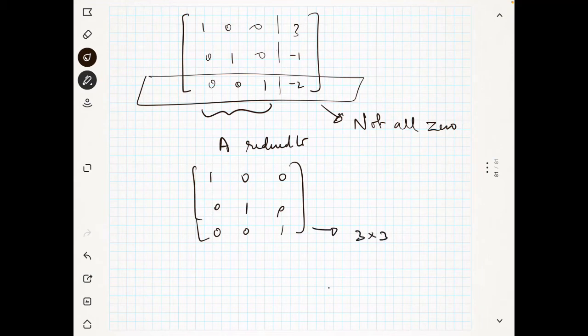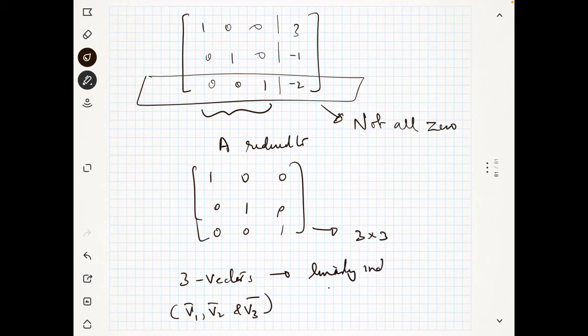Then we will say that there are 3 vectors, V1, V2 and V3, which are linearly independent. They are not depending on one another. That means we cannot write one vector in terms of another. So there are three linearly independent vectors.